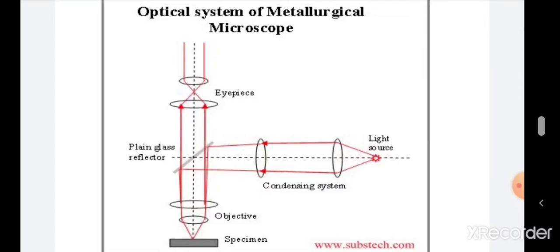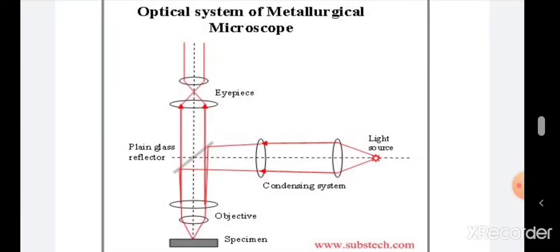Before that, we have to place two more collimating lenses so that whatever rays are reflected from the glass never get diverged. After reflection, they follow a single path and come in contact with the specimen or workpiece.